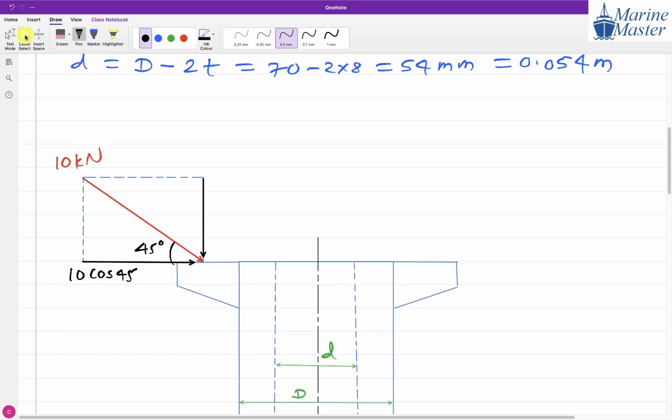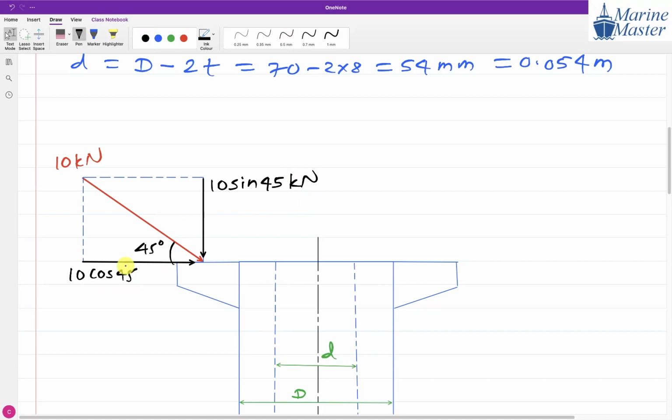The angle here is with respect to the horizontal, so this horizontal component will become cos. Then the other component will become 10 sin 45. So 10 cos 45, 10 sin 45.